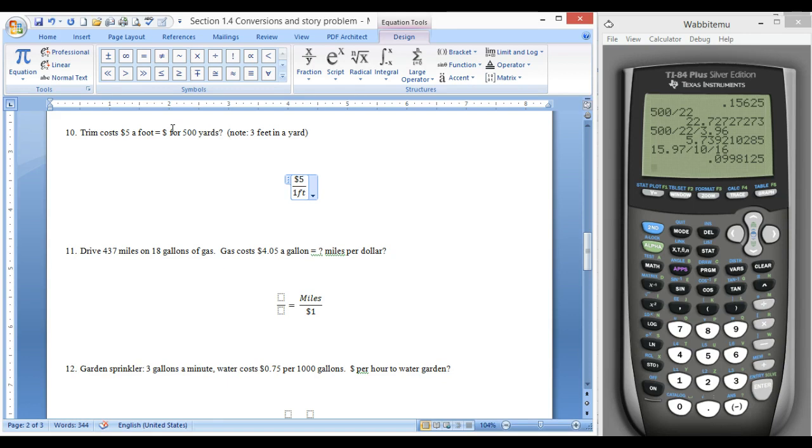Now I want to get a roadmap going, so I'm going to go straight to the end and add my fraction. I'm looking for how many dollars for 500 yards. So I need dollars per 500 yards. Actually, I don't really like that one on this one.